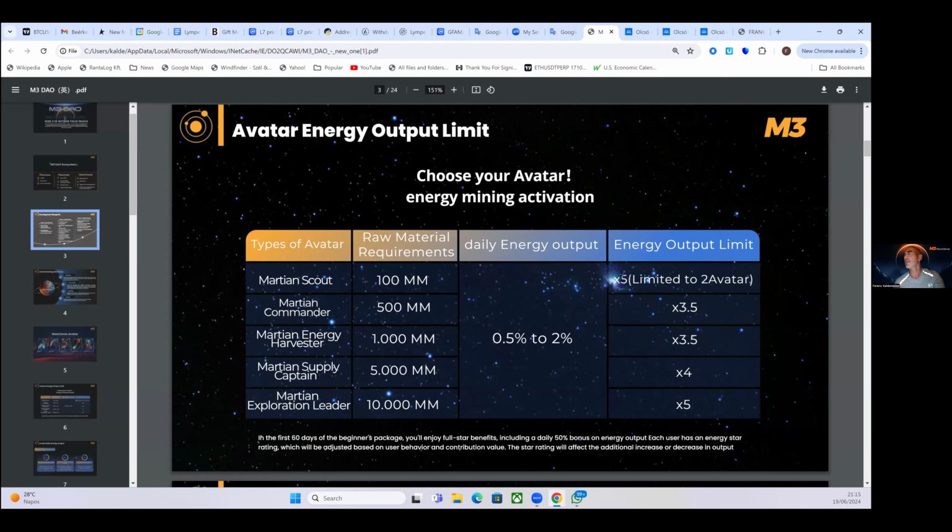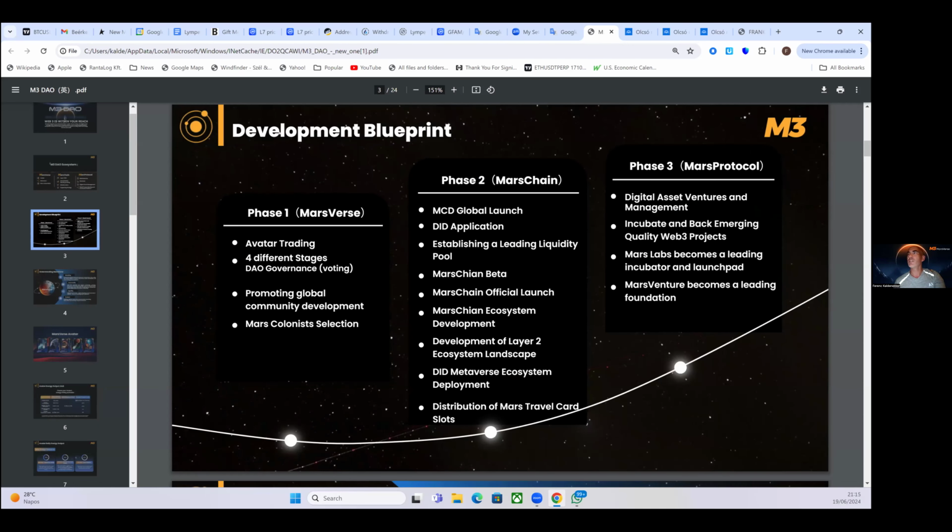So basically, Mars Labs and Mars Ventures are like venture capital, investment, incubation projects and launchpad. In the future, we're going to partner up with a lot of partners, and the token we have can be used as a gas fee or for transactions.